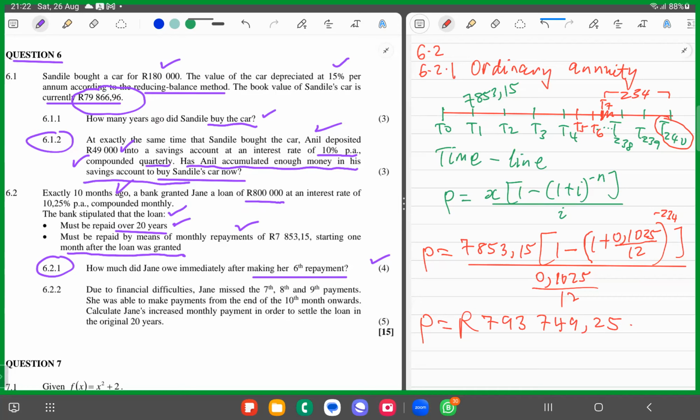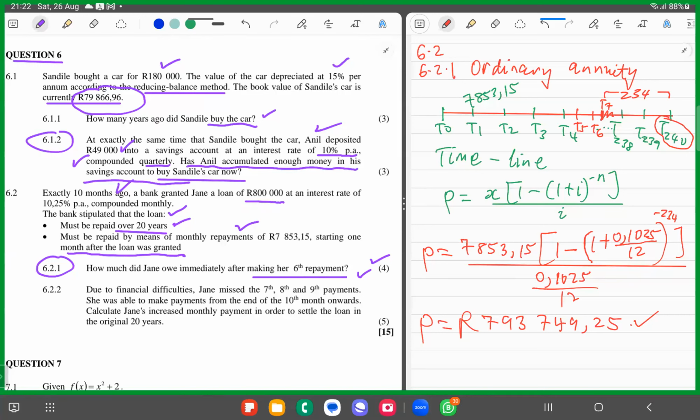So this tells me how much Jane owed immediately after making the 6th payment. This was the amount that was outstanding, exactly 793,749.25.